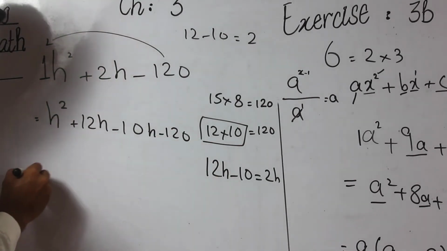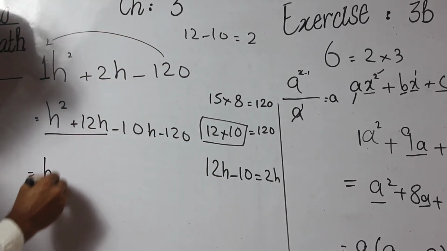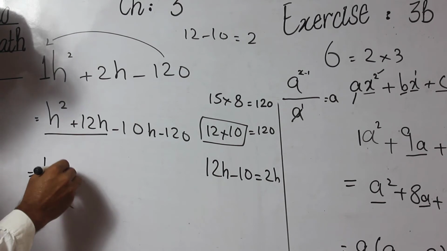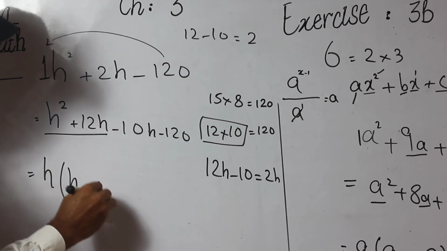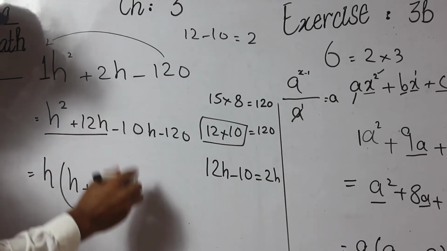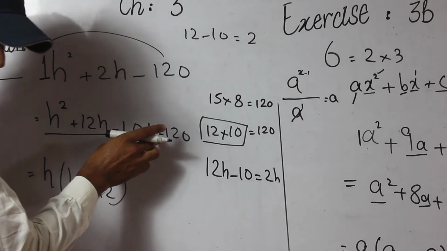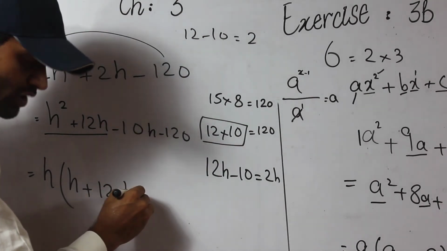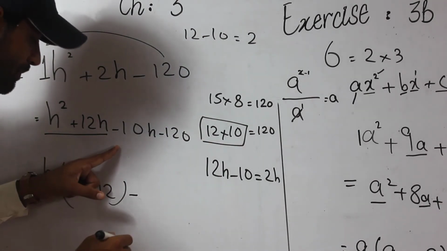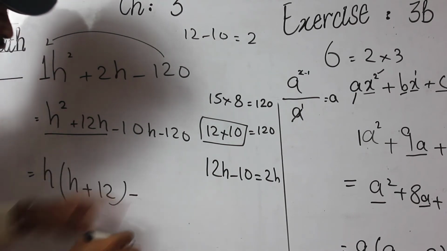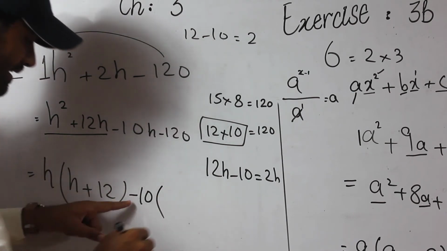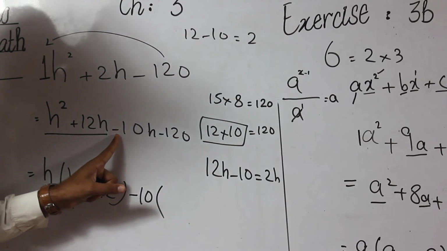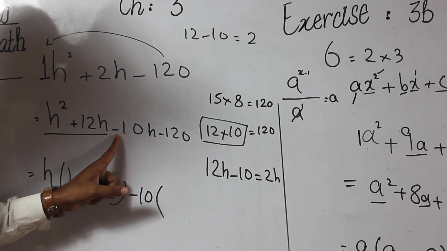Minus 120. In the first two terms, a is common. We take a common from a squared, so a is left, and from 12a, 12 is left. In the last two terms, both are negative, so the negative sign is also common. The common number of 10a and 120 is 10. When we multiply or divide, we first multiply the signs.